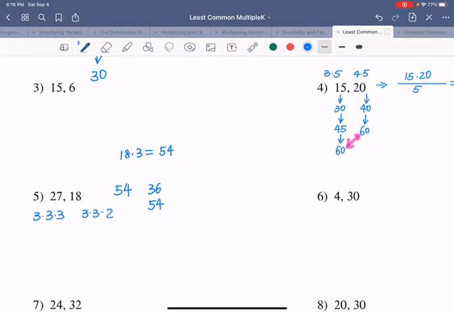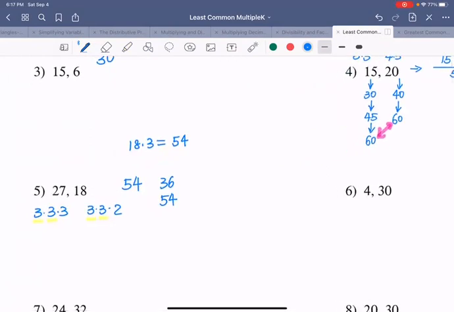Very good. And we got 3 as common factors, but only 3. Yes. So the greatest common factor is 3 times 3, which is 9.